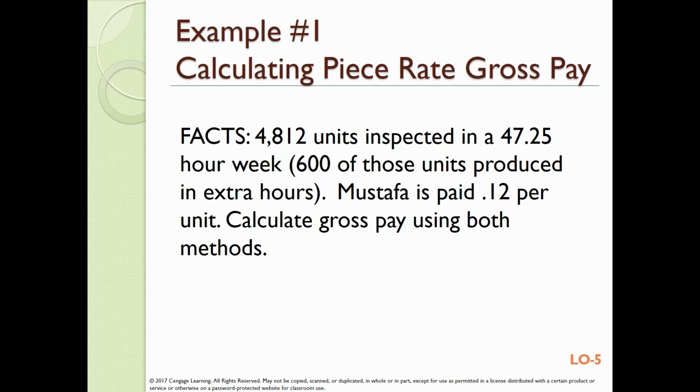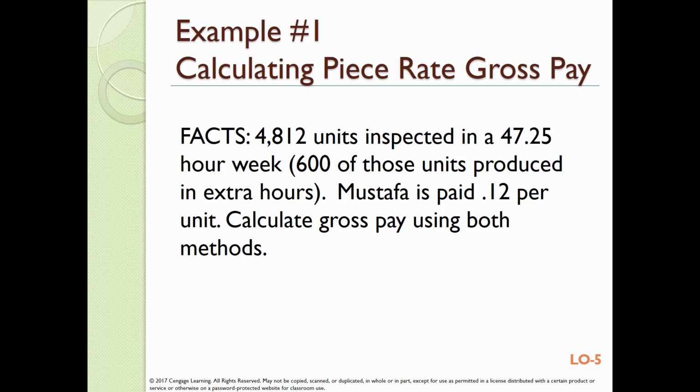So let's calculate it doing both methods. I'll walk you through these and then I'll give you one to try on your own. Step one. Okay, so method A. Method A says, first step, calculate in total how much he got paid for all 4,812 units. So if he gets 12 cents a unit and he inspected 4,812, what did he get in total?